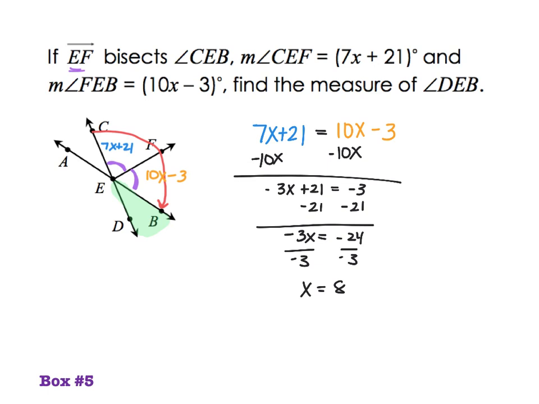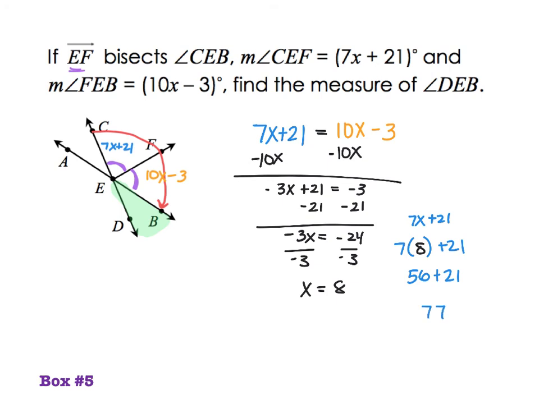And we get x is equal to 8. Now, I'm going to plug that number into either equation. In this case, I'm going to use the one in blue, which is 7x plus 21. That means I have 7 times x plus 21. X happens to be 8. 7 times 8 gives me 56 plus 21.